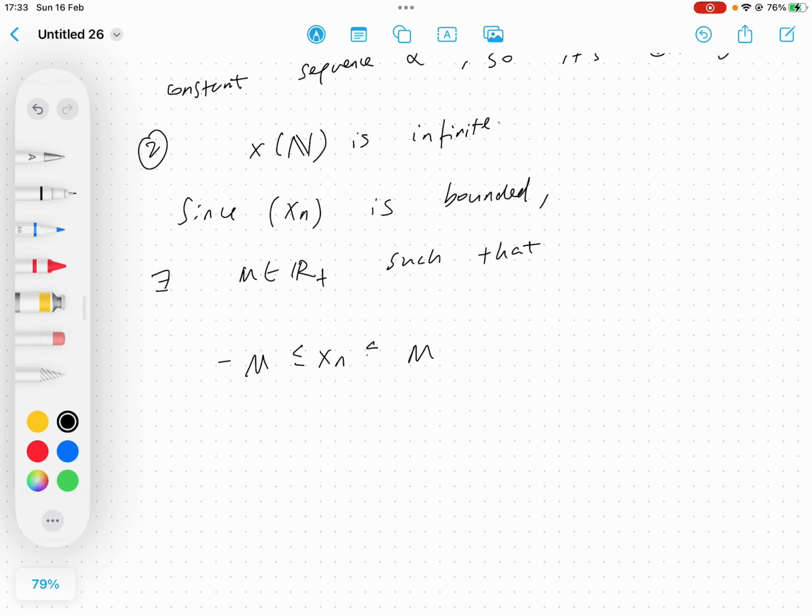That's by what is given to us from the starting point of this theorem. So this is bounded, right, for all n.